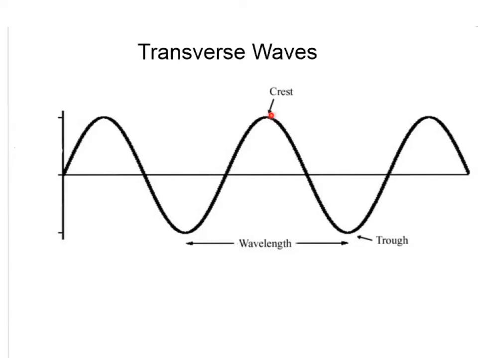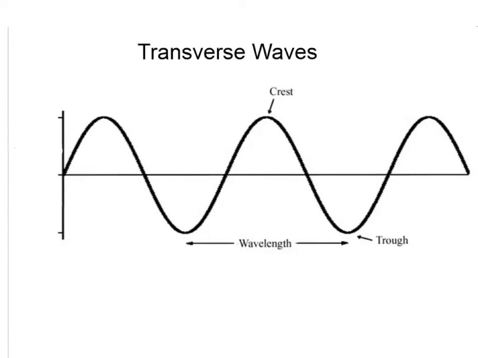So what are the parts of a transverse wave? Well, we have crests and we have troughs. Pretty obvious, right? The crest is the peak and the trough is the low spot. We also have the wavelength, which is the distance between troughs or the distance between crests.